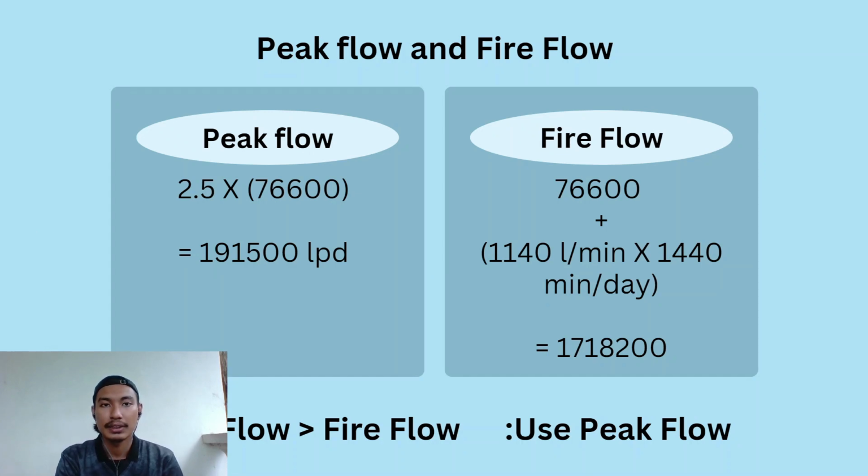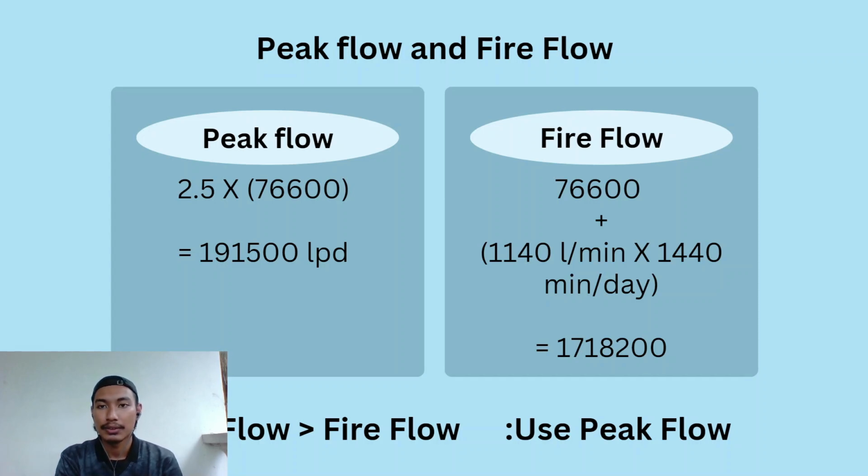The next calculation is the peak flow and fire flow. For the peak flow, the formula is 2.5 times the total water demand that we got, which is 76,600, and then we get 191,500 liter per day.